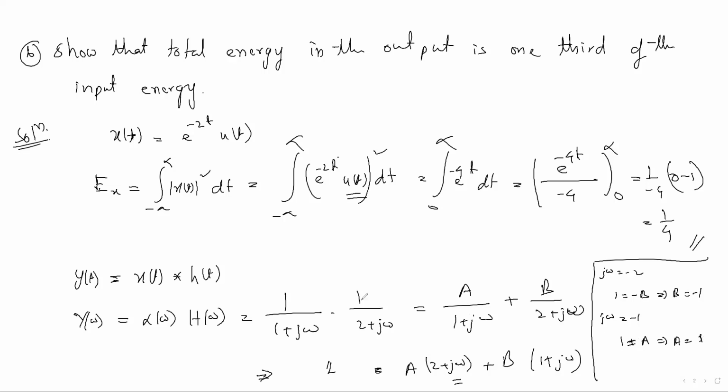So what is our equation? Y(omega) equals 1/(1 plus j omega) minus 1/(2 plus j omega).